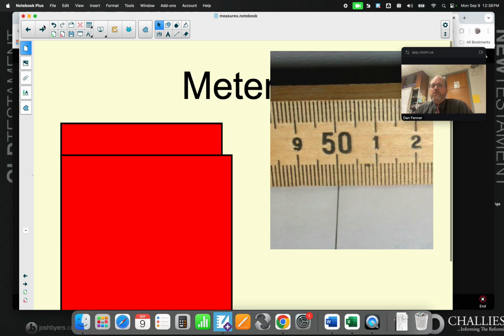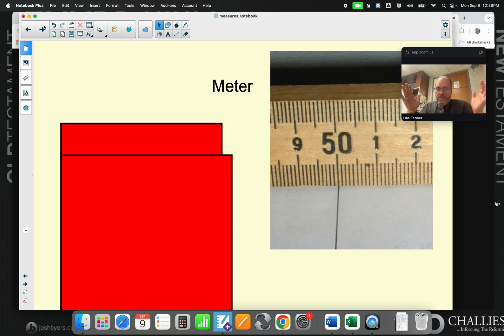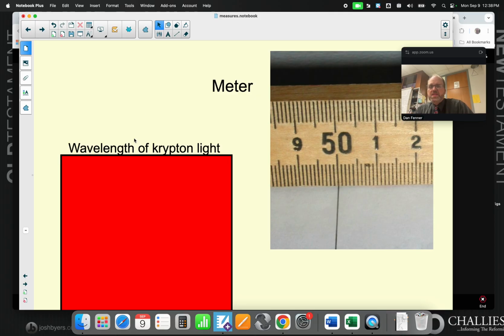Now, for length, we talked about meters. Things have to have a specific thing we can always look at. So the way we come up with a meter is it's a wavelength of krypton light. When we get light from the starting point till it starts up again, that's 1 wavelength.